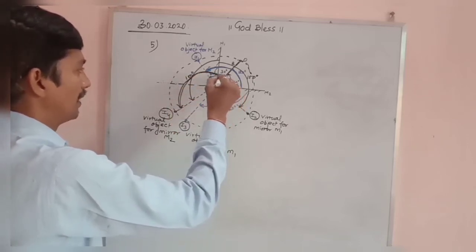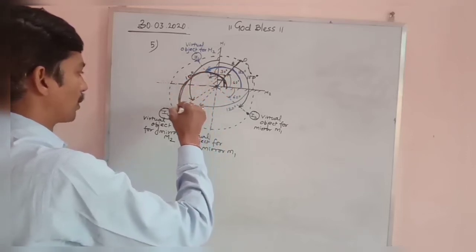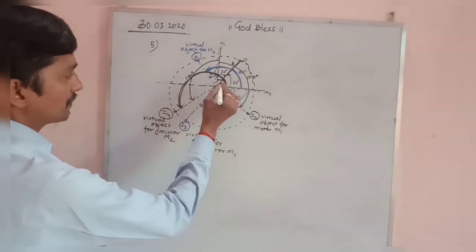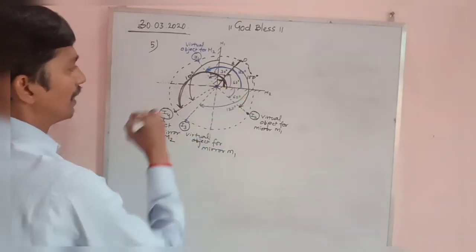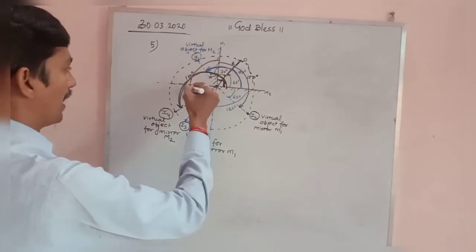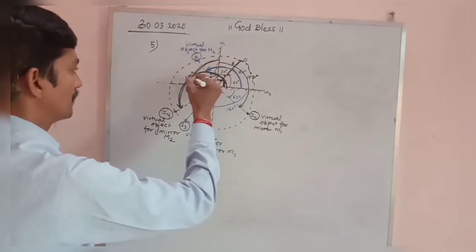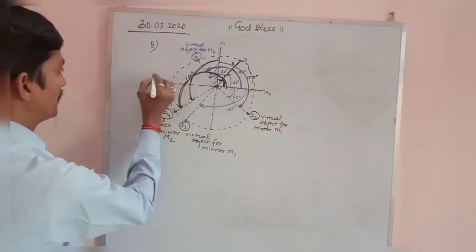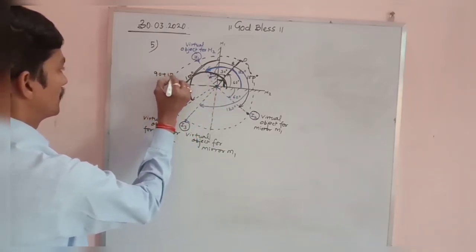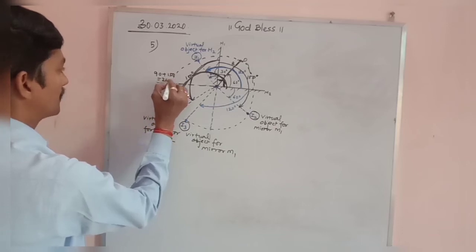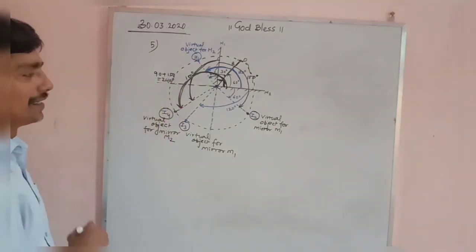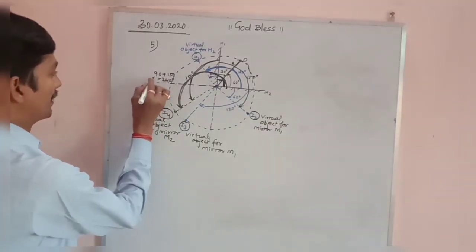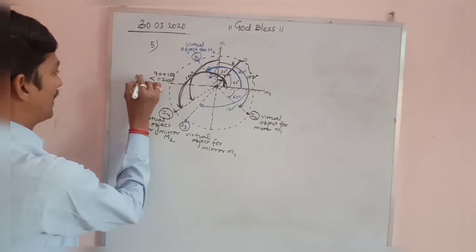From M2 to I4, how much angle is there? This is 90, you can see, and from here to here it is 150. So 90 plus 150 becomes 240 degrees, which is greater than 180 degrees.